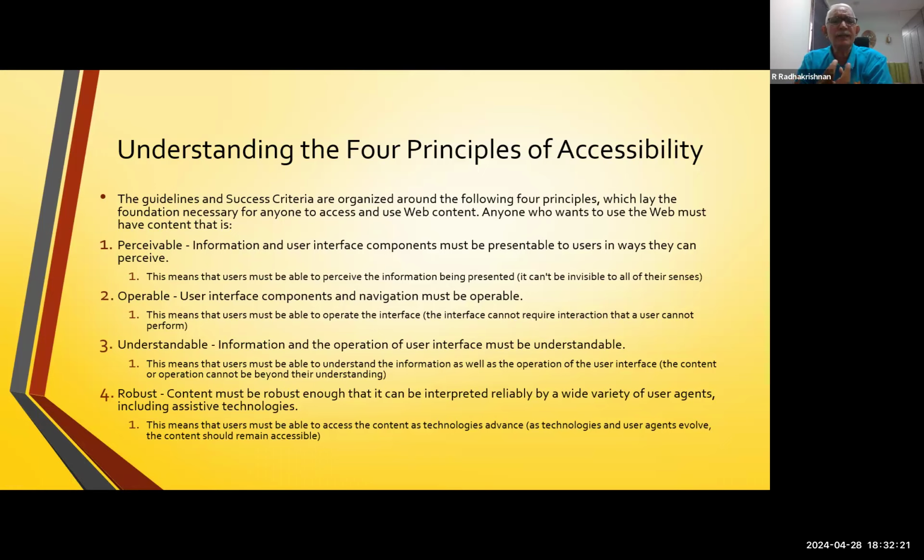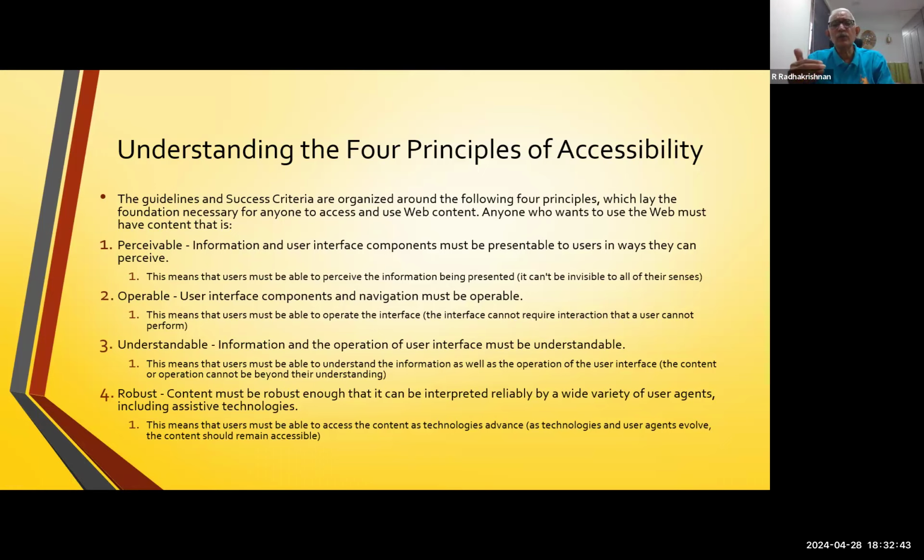It has to be perceivable. That means the user must be able to perceive the information being presented. And it has to be operable. This means the user must be able to operate the interface, and they should be comfortably able to navigate. The third one is understandable.